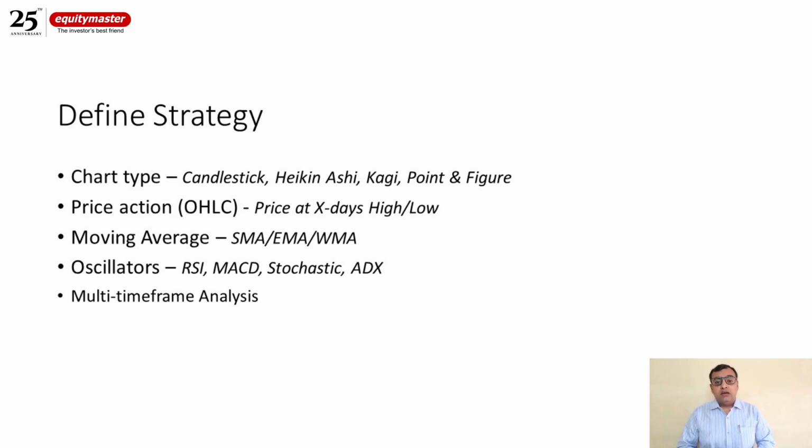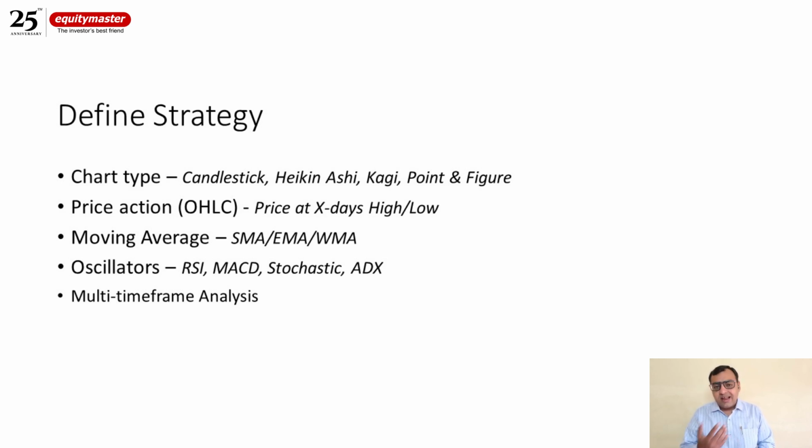Moving average, which is very, very important. Golden crossover, which is 50 above 200, death cross, which is 50 below 200. Some people play Guppy averages, where there are 6-7 averages, short, medium, and long, and if the prices are above all the averages, they look for buy. If prices are below those Guppy averages, they look for short.